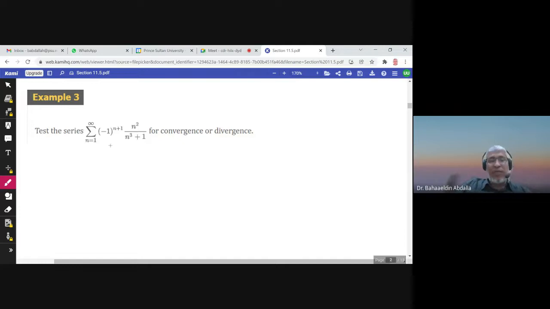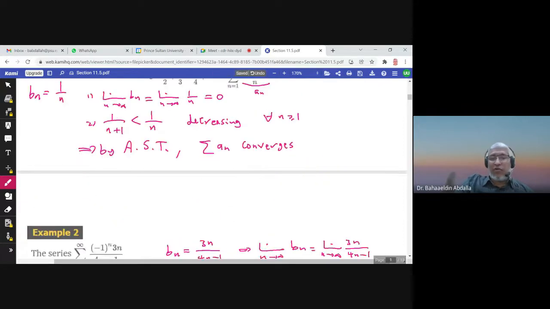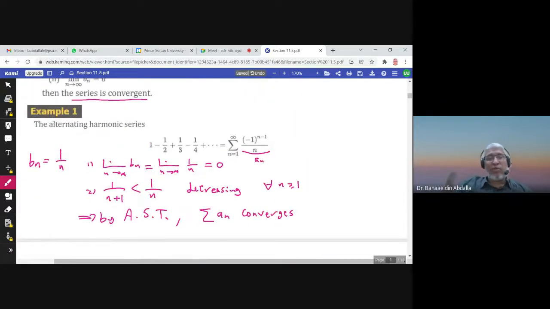What is Bn? This is an alternating series. What is Bn? It is n square over n cube plus 1. And if you want, you can always say also that Bn is positive, has positive terms.